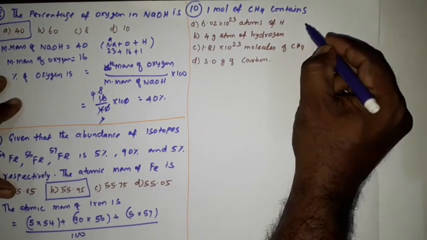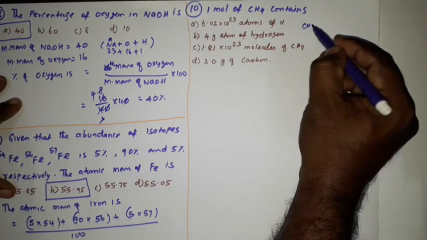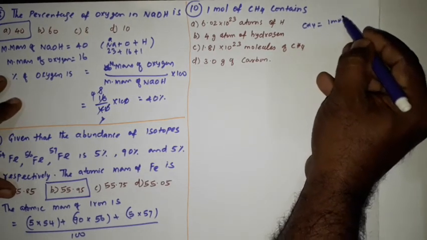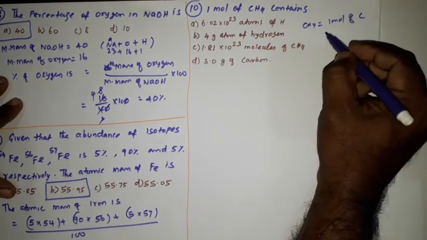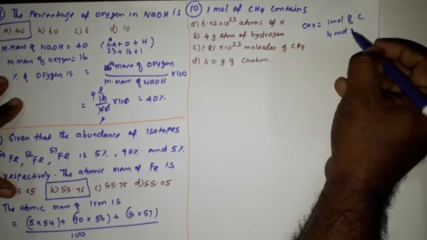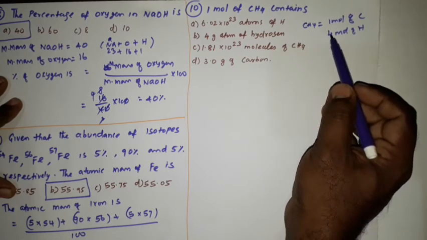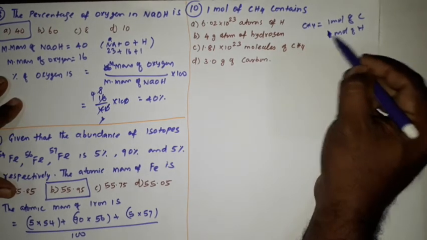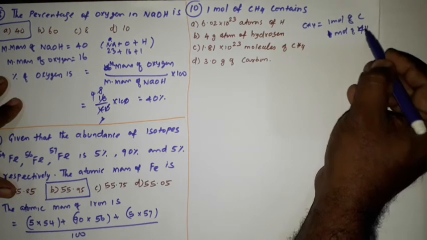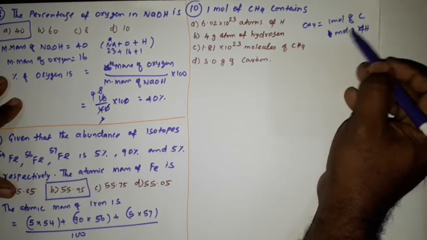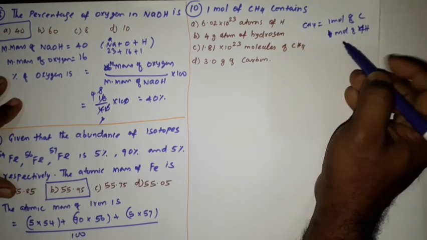Here you can say out of CH4, 1 mole of carbon and 4 mole of hydrogen, that is the meaning. So 1 mole of carbon, then 4 hydrogen atoms.